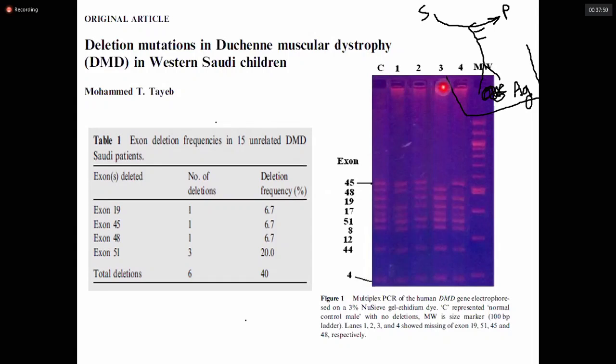I mean, these are the patients, and this is the normal individual who is the control, and we have here what's called a molecular marker. The marker means we have fragments of DNA we put in the gel in order to know the molecular weight, meaning the size. And as a criticism of this paper, he should have put the numbers here so I can see their size. So it had to be revised by the reviewers when this paper was published.